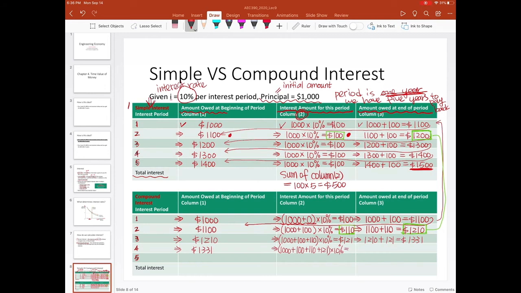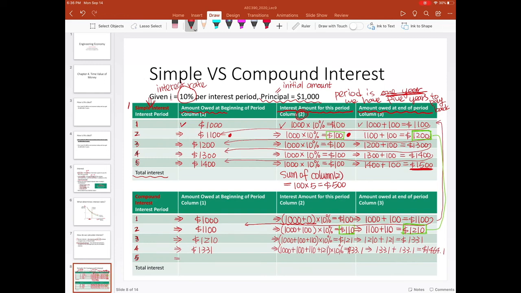And the interest rate is 10%. So the new interest will be 133.1 US dollars. So now how much you owe at the end of the 4th year? It will be what you owe at the beginning of the 4th year, 1331, plus this 133.1 interest. So the total amount will be 1464.1.